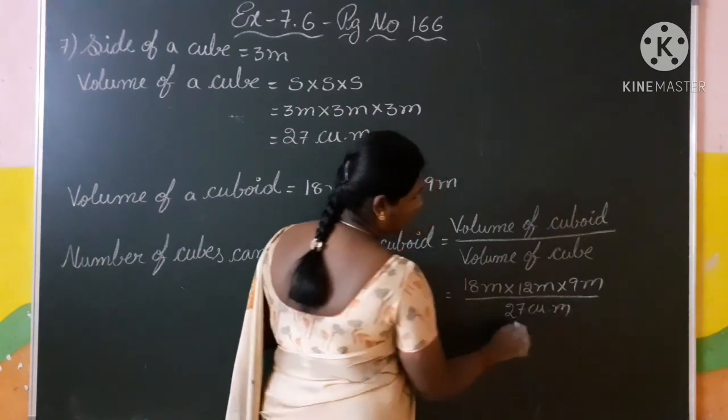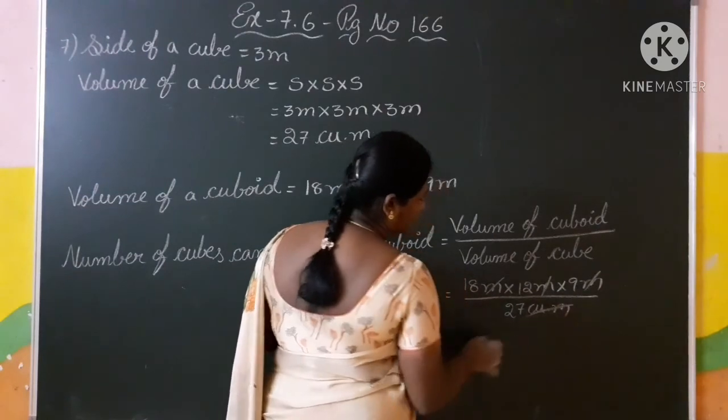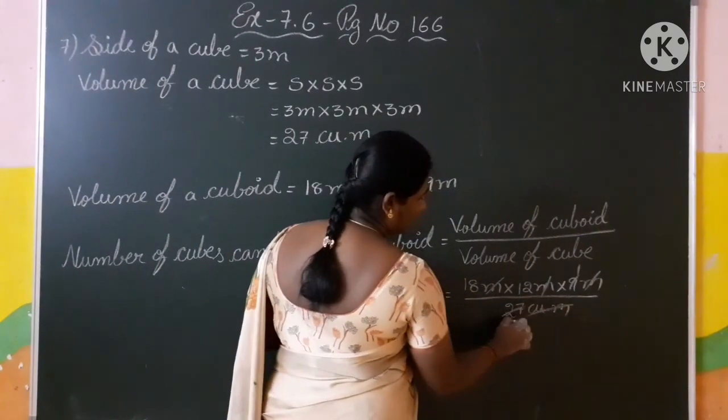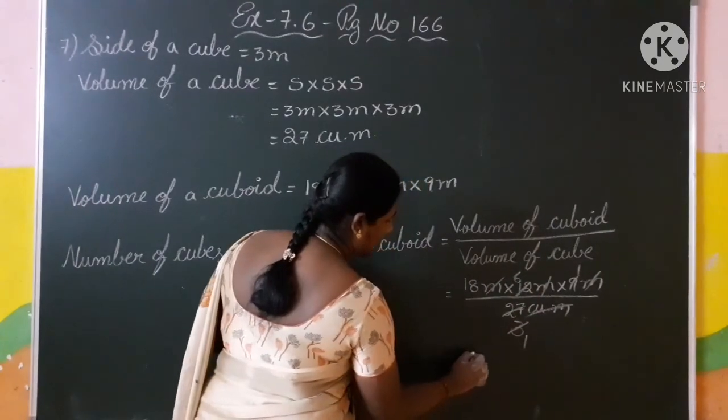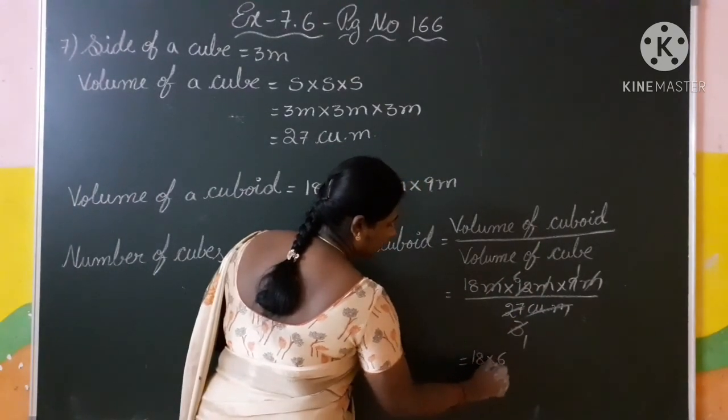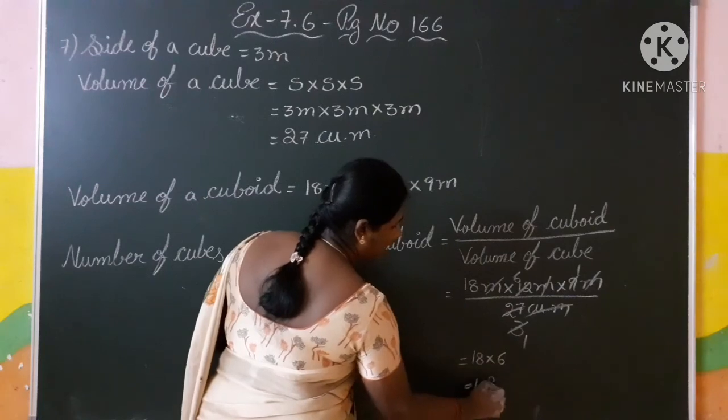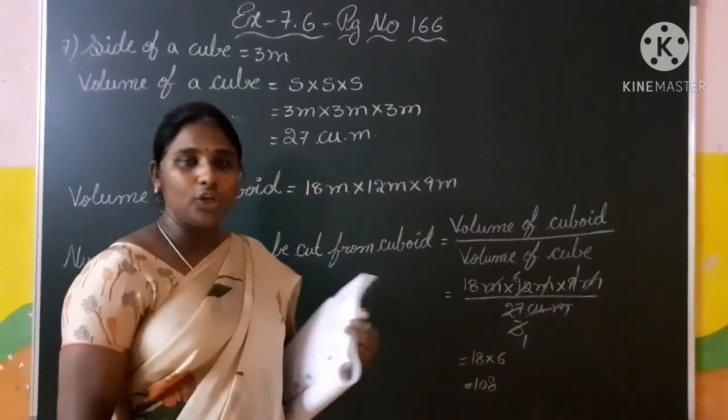Cubic meters means these meters will be cancelled. 9 ones are 9, 9 threes are 27, so 3 ones are 3, 3 sixes are 18. Remaining 18 into 6. So 18 sixes are 108 cubes can be cut from the cuboid.